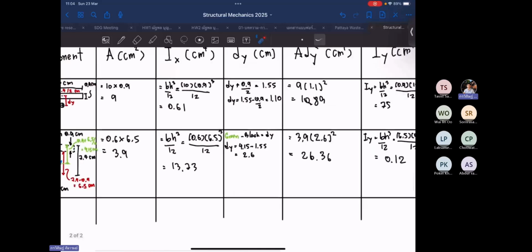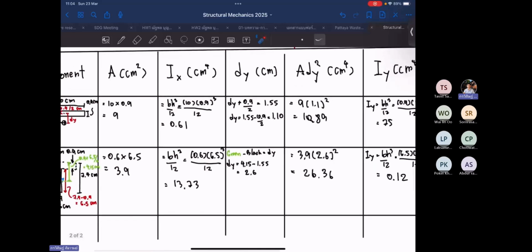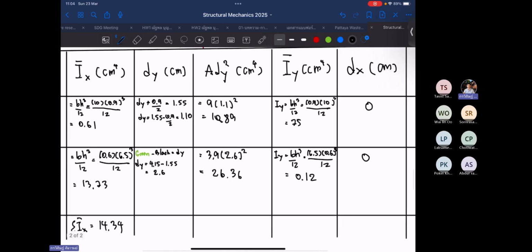In this one, we need the summation of moment in x direction. Let me use this bar. Summation of I x bar is equal to 0.61 plus 13.73, which is 14.34. This dy we do not need. We need the A dy, sigma A dy squared.